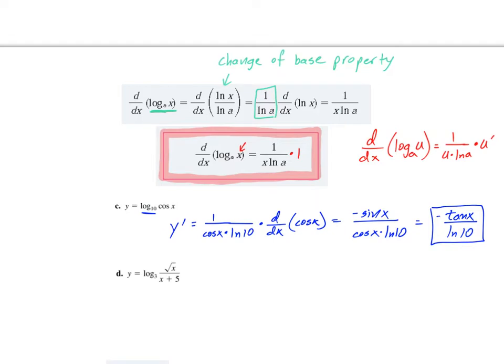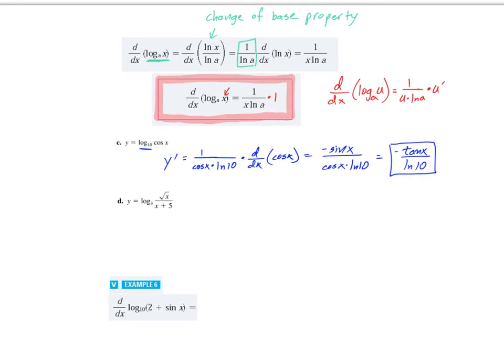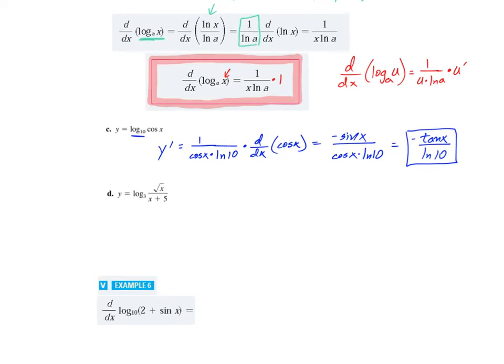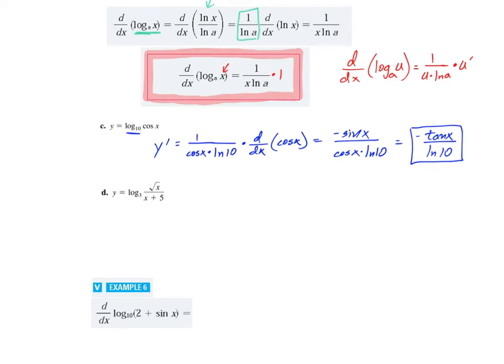D. On D, if I'm following the same logic here, I've got a lot more going on in this problem. It is kind of a complicated problem, to be honest with you. There's more than one way to do this, but I'm going to attack it just in straight up form. The way it's presented is the way I'm going after it. So it is shown as a general logarithm, and our formula says we go 1 over the input, 1 over technically square root of x over x plus 5.